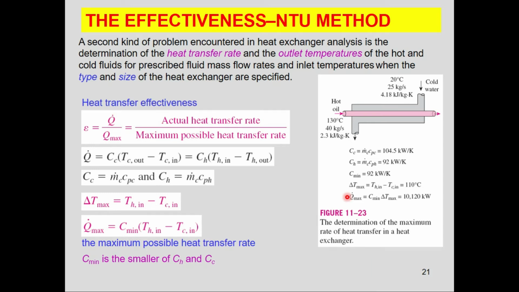So the fluid with a smaller heat capacity rate will experience a large temperature change. So it will be the first to experience the maximum temperature change. So the question is, why are we using this smaller value?